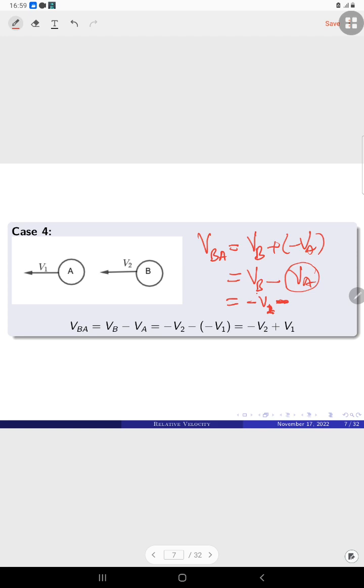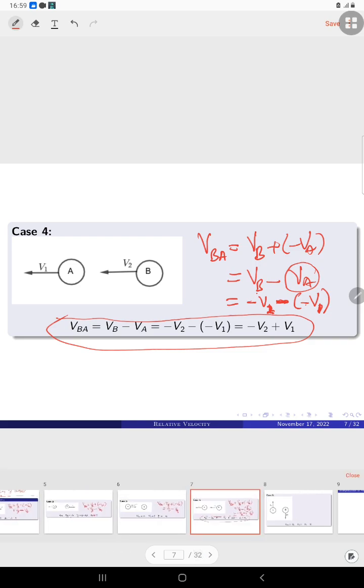The minus here is already in the formula, but A is moving towards the west, so I negate it again. And the negative gives us plus. So we end up getting negative v2 plus v1, and that gives us our VBA. That is what I have done nicely over here for you. So take note of these ones and write them somewhere. Meditate on them because we are going to use them strongly to solve examples.